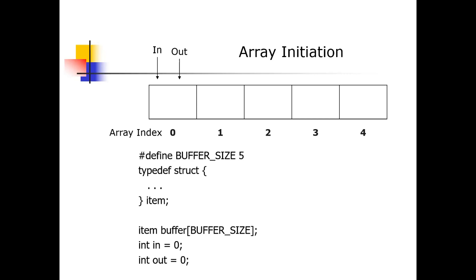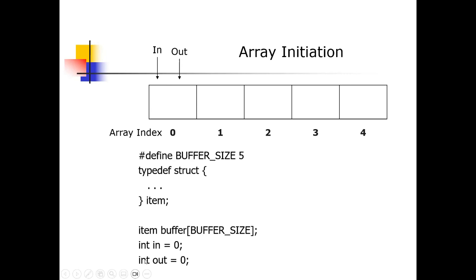We have the buffer size of 5, and each is considered as an item. So we will create a buffer of 5 elements. We do it here in this code. So we have 5 elements.